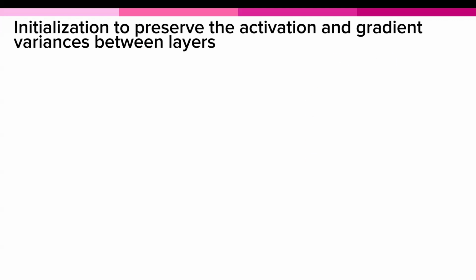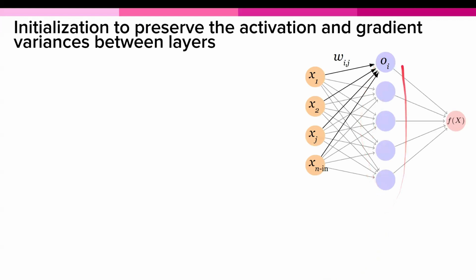So let's start with the output of a single linear neuron in a fully connected layer. For neuron i without any nonlinear activation, its activation is a weighted sum of the inputs x_j. So the input features are indexed x_1, through x_{n_in}, where n_in is the number of inputs to this neuron.